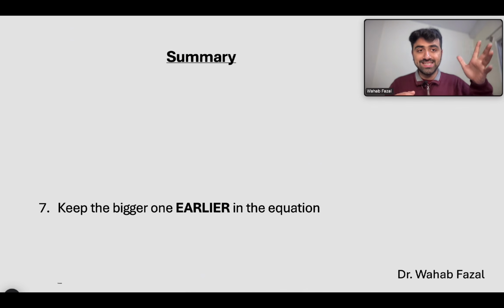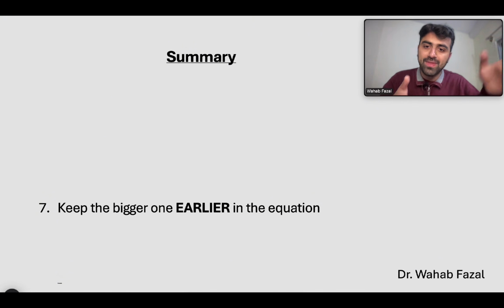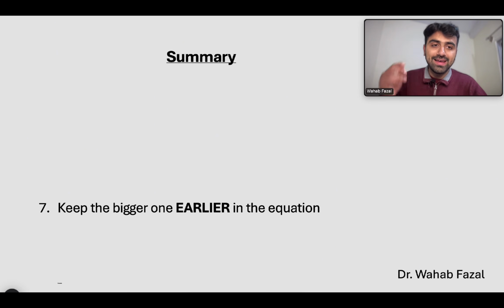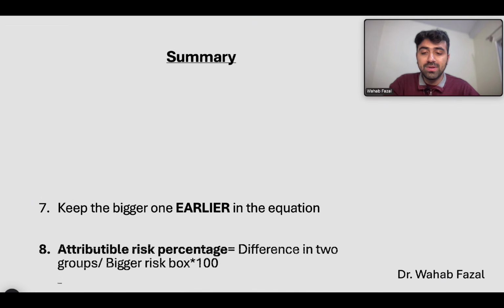If you're talking about exercise, medication, or wearing a mask that reduces the risk of developing, let's say, corona, then that is called an absolute risk reduction. And the same value, if you're talking about a toxin or a carcinogen, is called attributable risk. For attributable risk percentage, just calculate attributable risk and divide it by the bigger risk box and multiply the whole thing by 100, and you get what you call an attributable risk percentage.